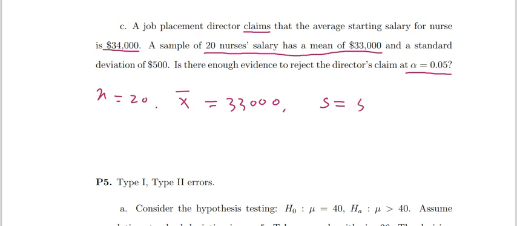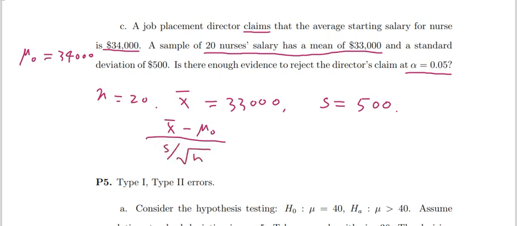So we find the t value: x bar minus mu 0, where mu 0 is the average for all, or their claim, over S over root n. So n is 20, and this is the t value.